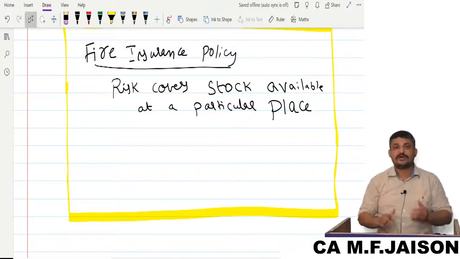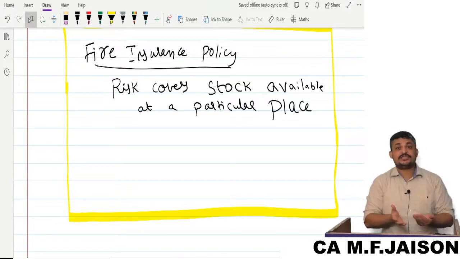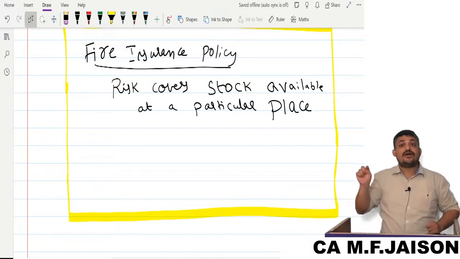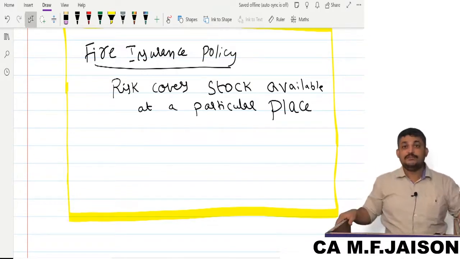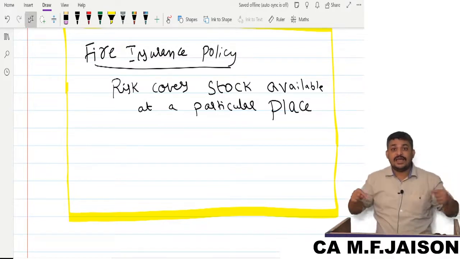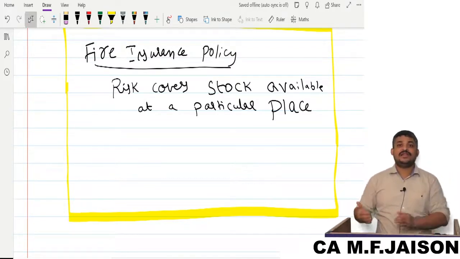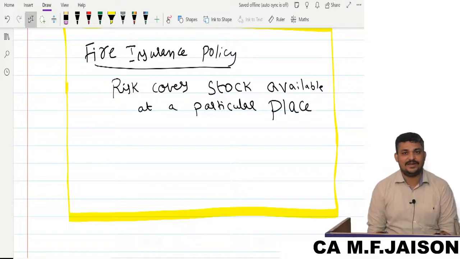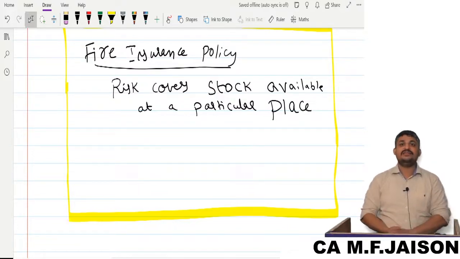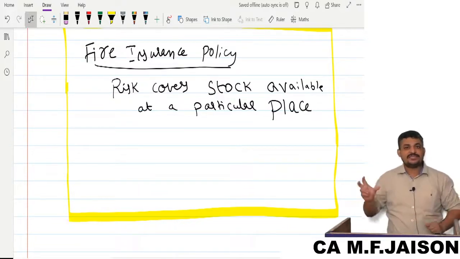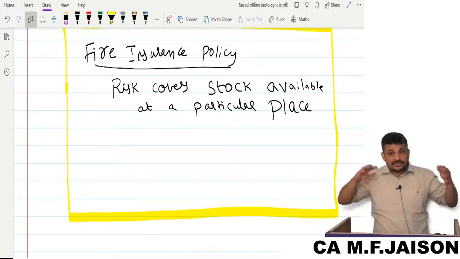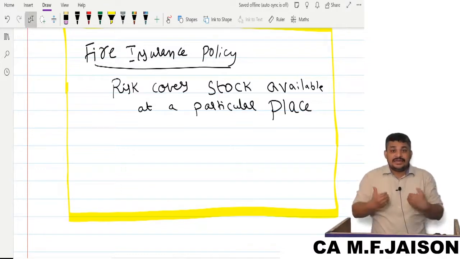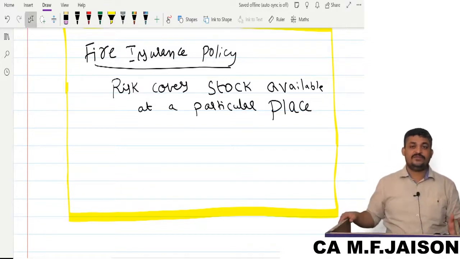Even though it is my stock, for the stock on the date of fire, this stock should not be considered, because this stock is not available in my shop when the fire accident occurred. Do you understand the point? Once again I am reinforcing the point: when I say stock on the date of fire, it need not represent the total stock for which the entity is the owner. It need not represent.